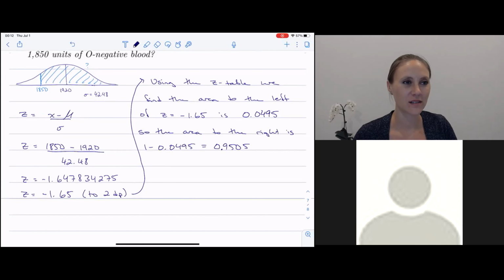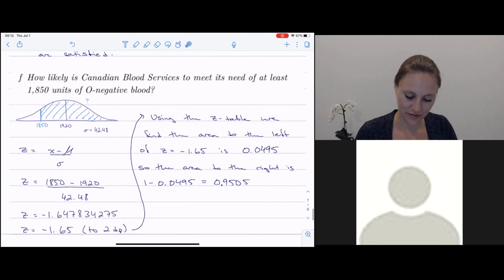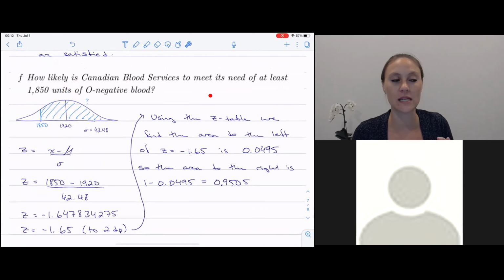Good. All right. What is that? That is the probability, or how likely they are to meet their need of at least 1850 units of O negative blood, right?